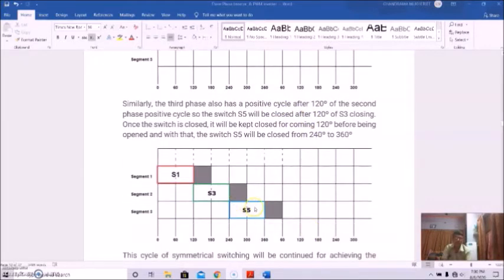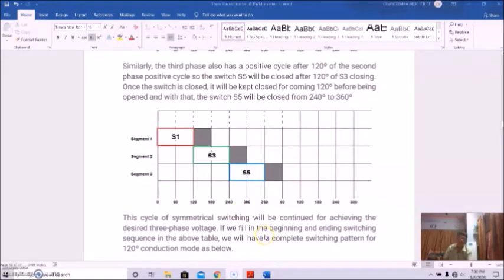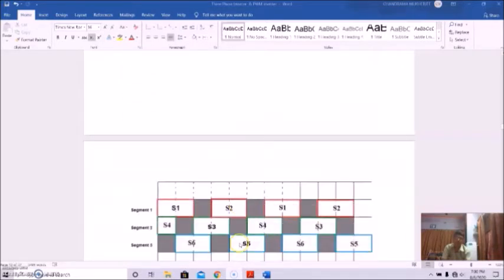This is the S5 closing area, and this cycle of symmetrical switching will be continued for achieving the desired three-phase voltage. If we fill in the beginning and the ending switching sequence in the above table, we will have a complete switching pattern for the 120 degree conduction mode as given below.